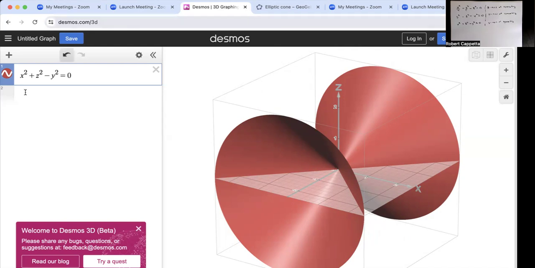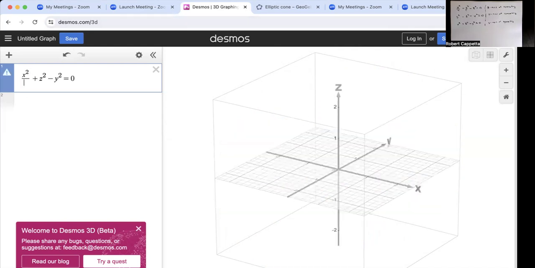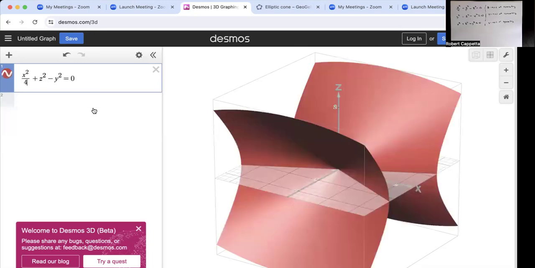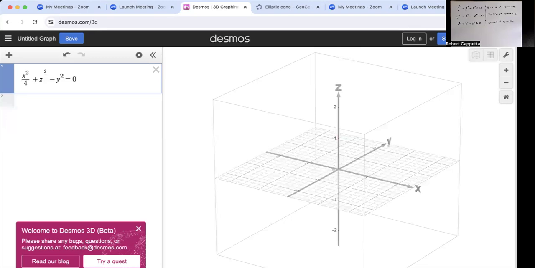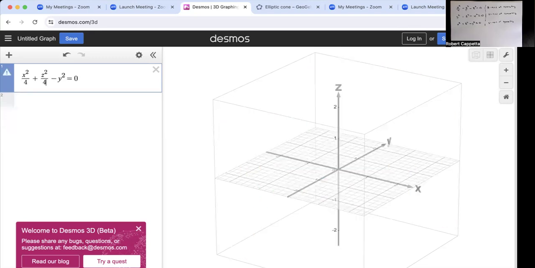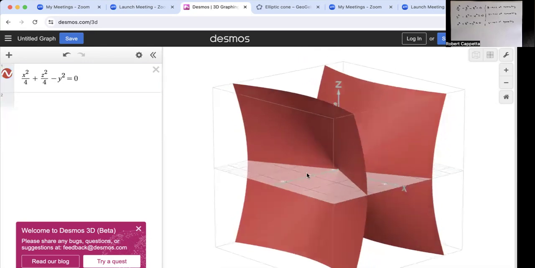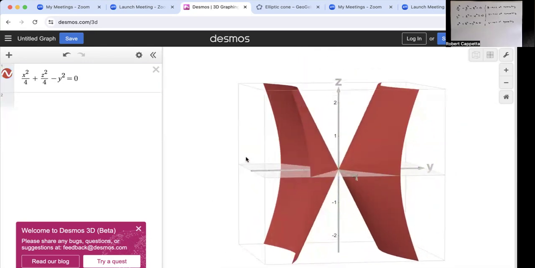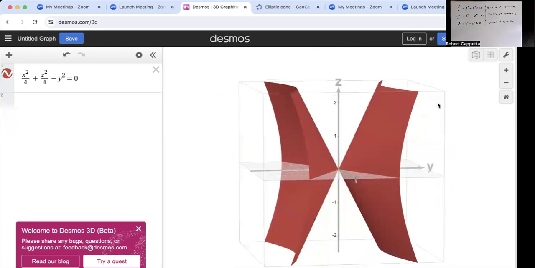And if I want to put denominators in, I can, right? All this is going to do is change things a little bit. It doesn't quite look as nice as the other examples we've seen, but it certainly still fits the requirements of an elliptic cone with a y-axis of symmetry.